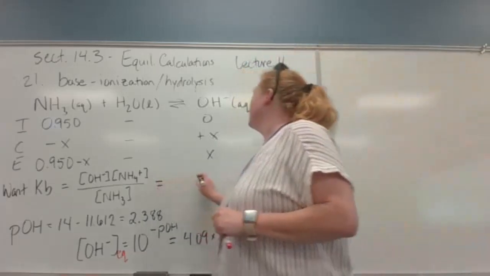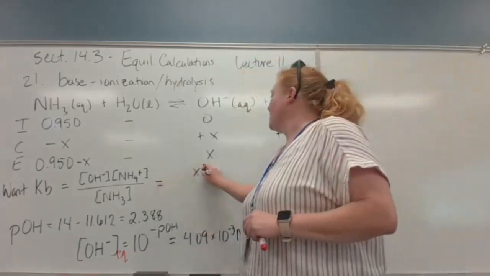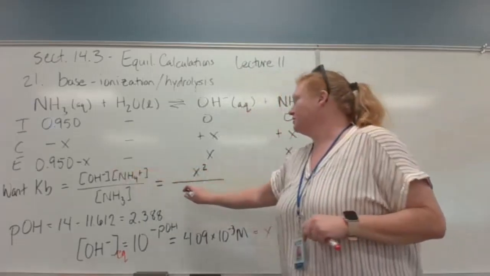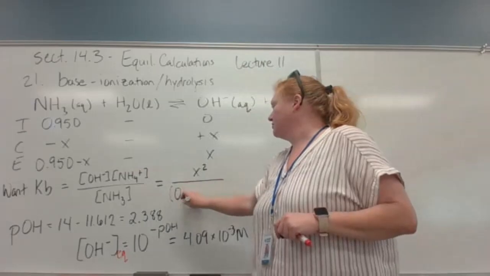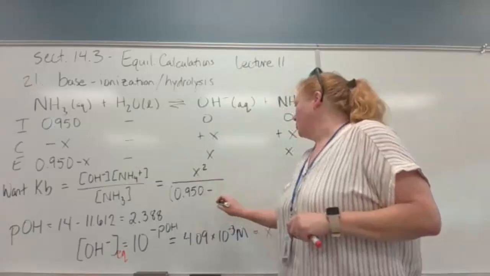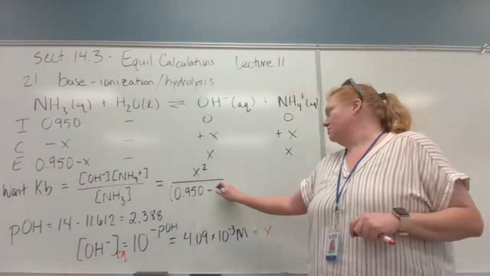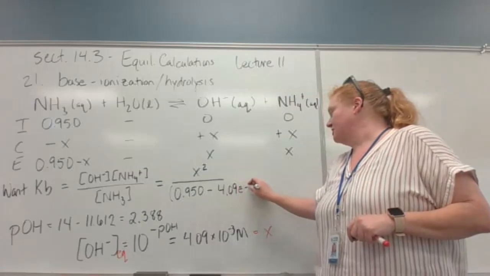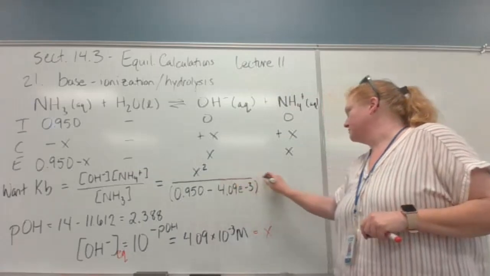And so I am solving for KB by doing x squared divided by 0.950 minus 4.09 times 10 to the negative third.